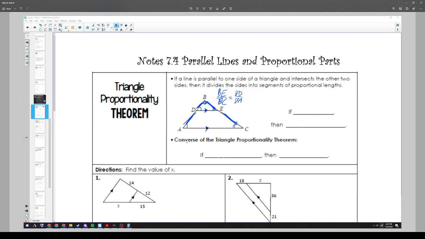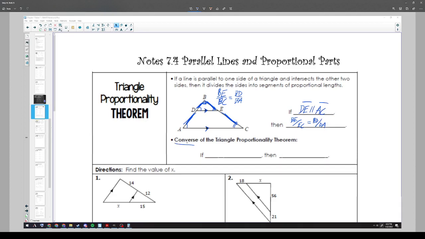So our theorem says if DE is parallel to AC, then we know that BE over EC, so that's what I wrote first up there, BE over EC, which are just the two pieces, we don't actually have BC, which is the full length of that side of the triangle, is going to be equal to BD divided by DA.